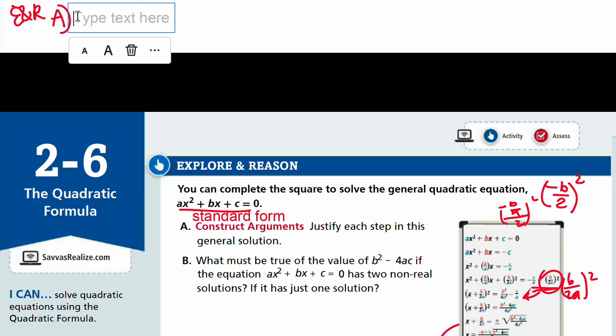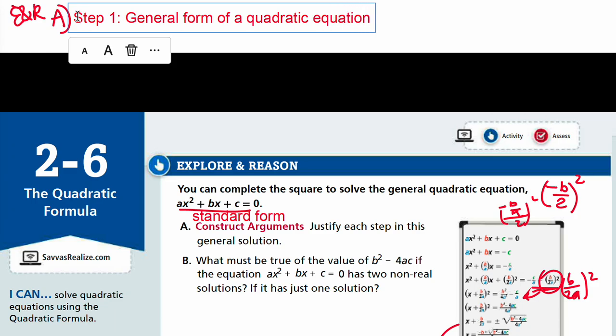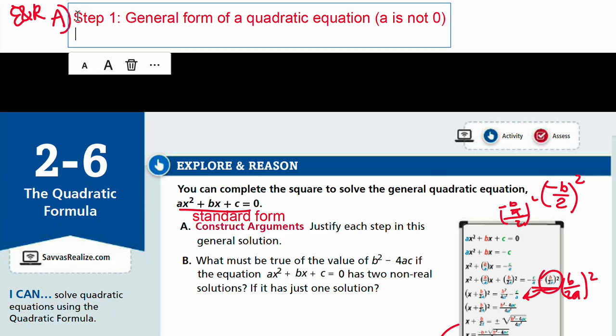So in step 1, it is the general form of a quadratic equation where a is not equal to 0. And then step 2, you can subtract the constant term c from each side.